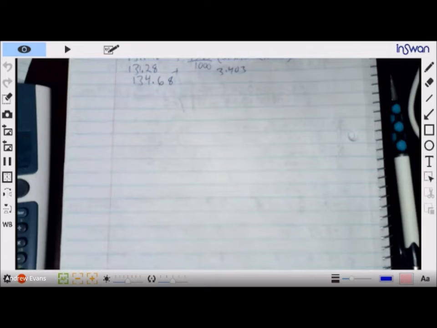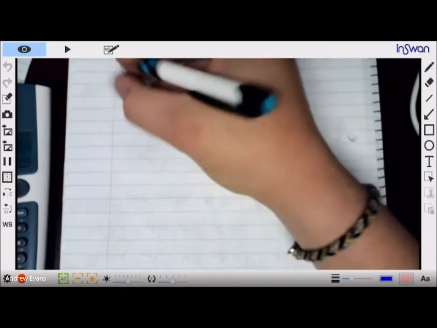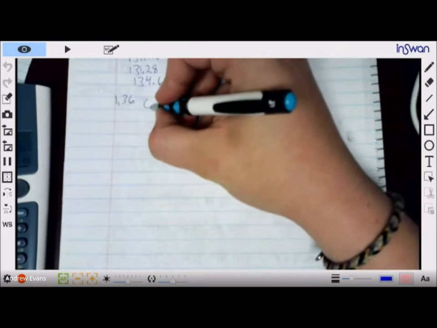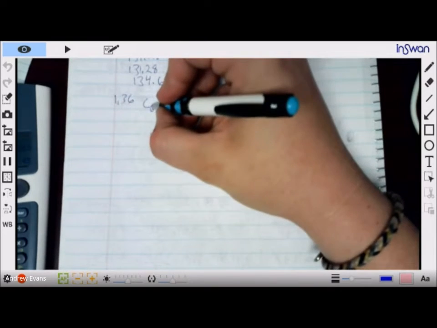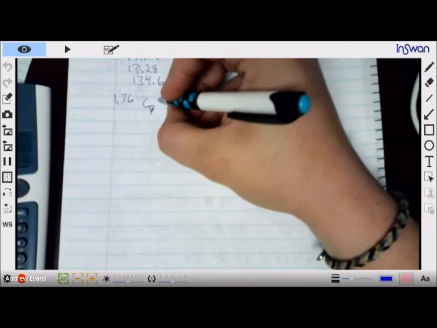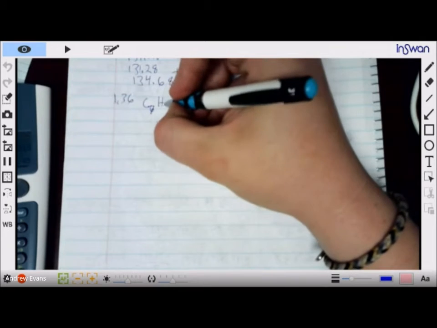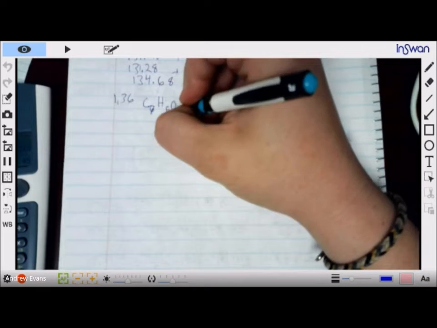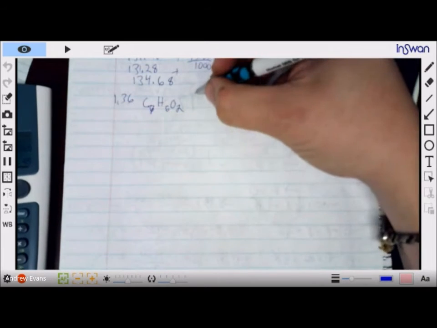Last problem here. Problem number 15. Benzoic acid, 1.36 grams.